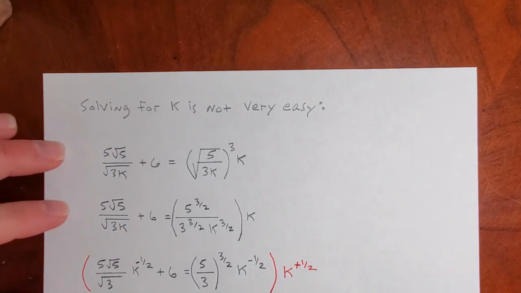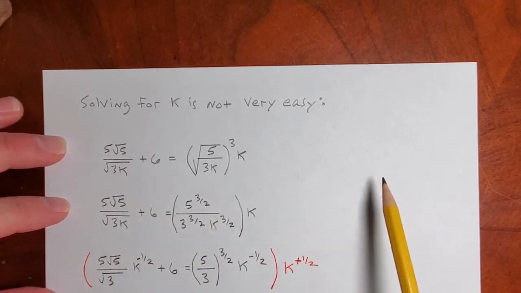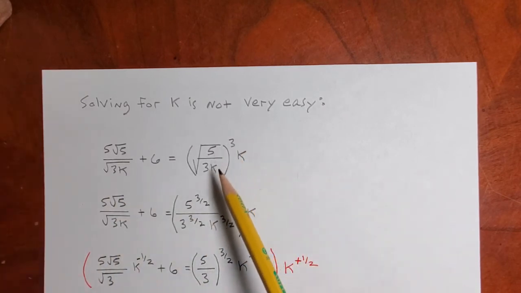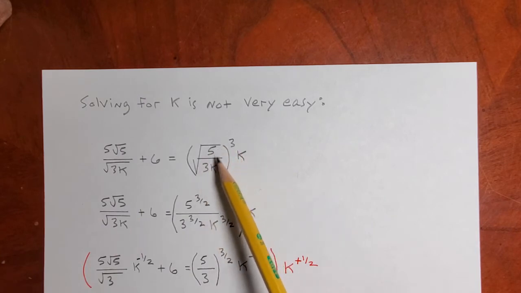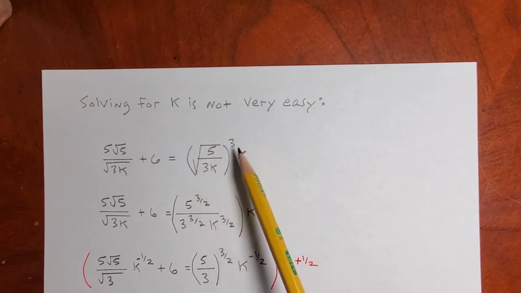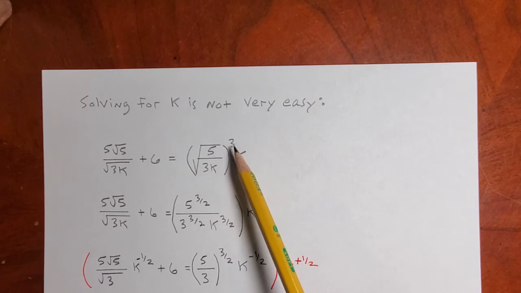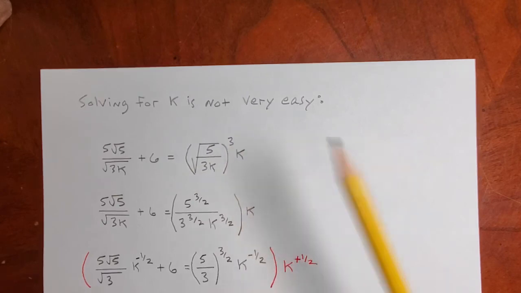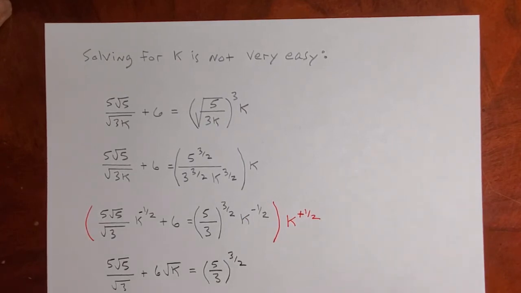Okay? So this is what we had, all right? And I thought, well, maybe it would be good if I expressed everything in here in terms of an exponent. So everything here has an exponent of a half because of the root. And so on top of that, it's going to have an exponent of 3. And so the rule there is to multiply the exponents. And so you get like this. Okay? All right.